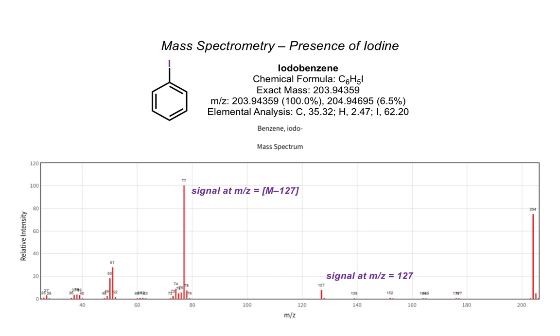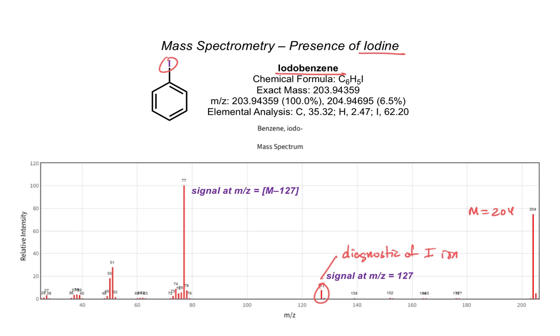With iodine, so iodobenzene, we scan over, we see that iodobenzene has a parent of 204, but we also see a signal at 127, and that is diagnostic of an iodine atom or iodine ion being present in the mass spectrum.